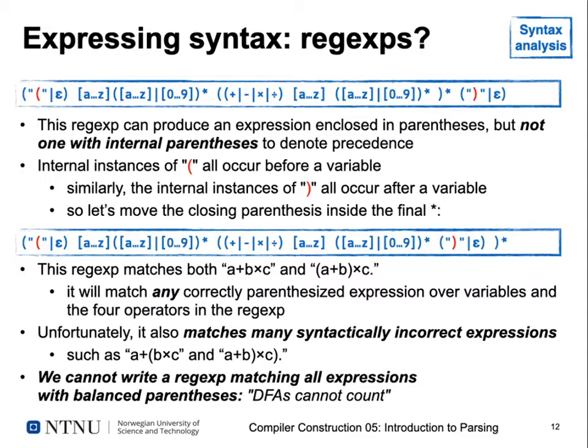Now amazingly, this works for matching some bracketed expressions. So this regular expression matches both a plus b times c. It works by just ignoring the bracket because it can take an epsilon here, then it has an a, and then it can match a plus, then it can match another variable, then it can ignore that bracket, and then it can go from the start again and match the rest of our expression here.